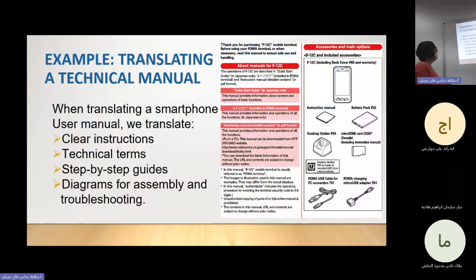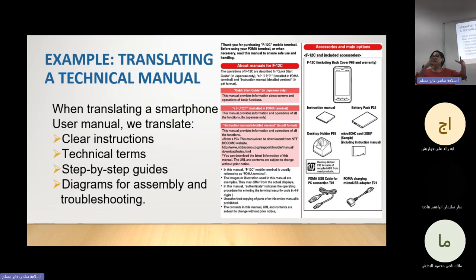For example, when translating a smartphone user manual, we translate the clear instructions, okay? We translate the technical terms of the phone, step by step guides على اساس يفهم اللي بده يقرا الترجمه شو لازم يساوي خطوه بخطوه.